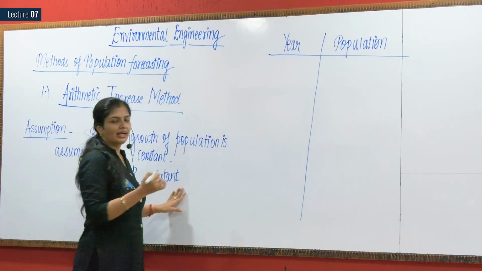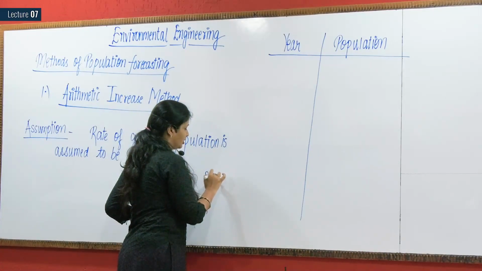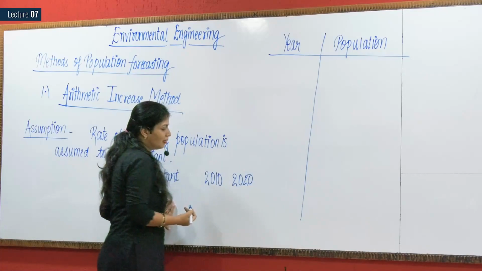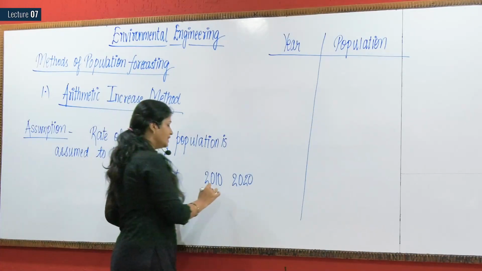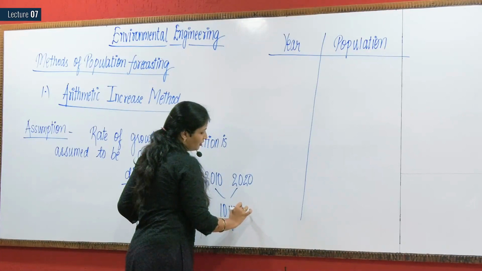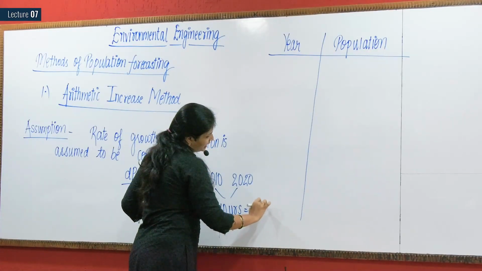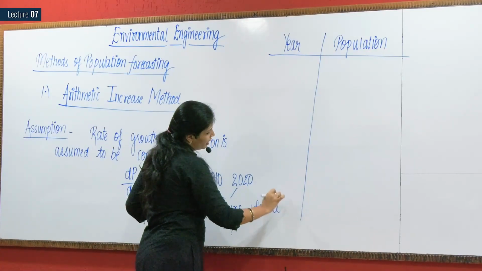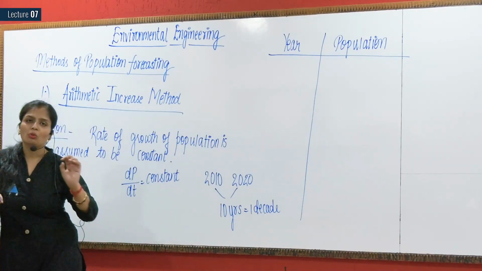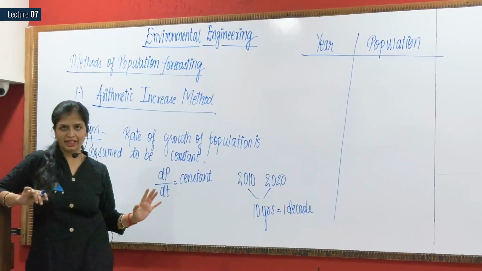Suppose from 2010 to 2020, the number of years is 10 years. This 10 years we call 1 decade. That means if the duration is given in decades, 1 decade is equal to 10 years.